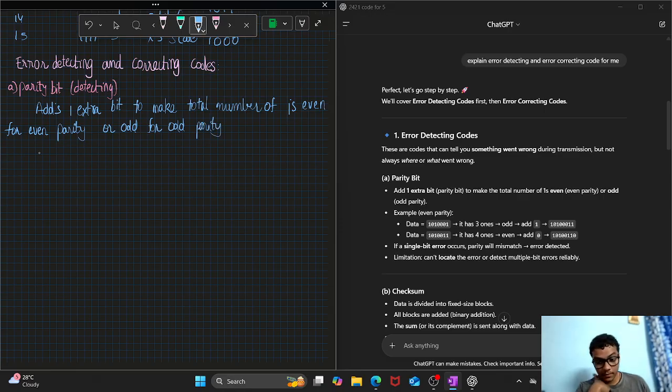That's how parity works. Consider the data 10100001. Three ones. Sorry, three ones is odd, right? My bad. So add one, and it becomes 10100011.